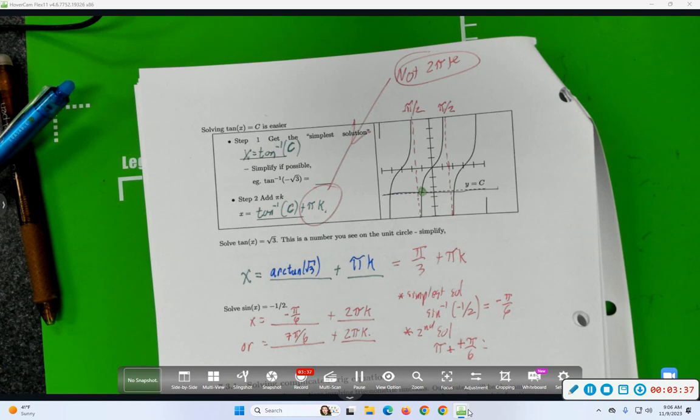Bring the 2 over seems like a good start. That's definitely a correct thing to do, but tell me why it is a good thing to do. What's your overarching strategy? Yeah, let's get sine by itself, because then the equation will look like this, and then I can do that.